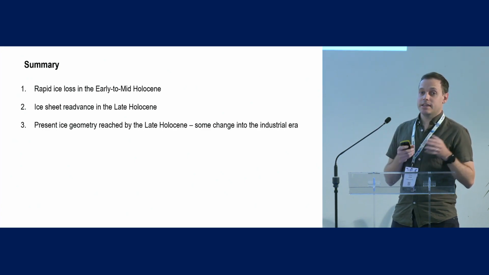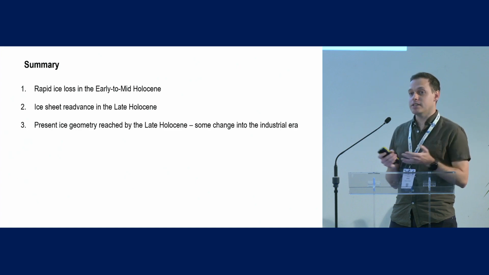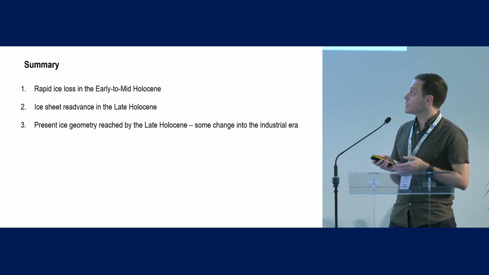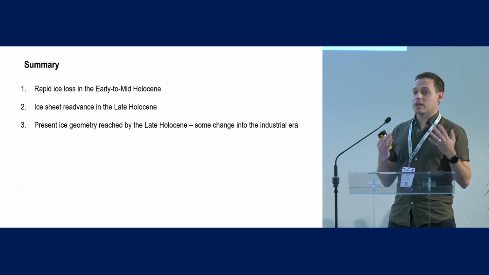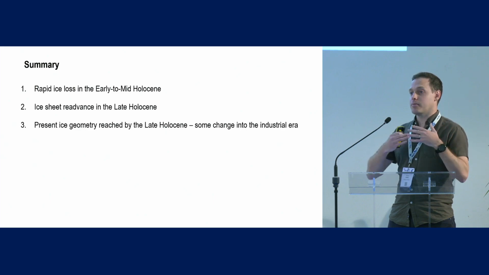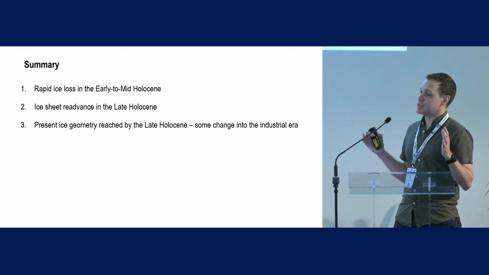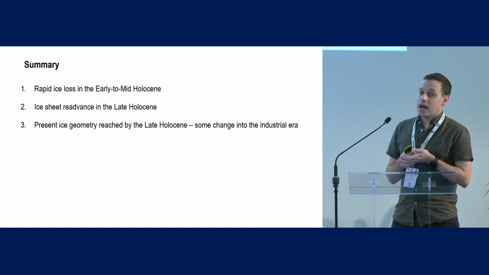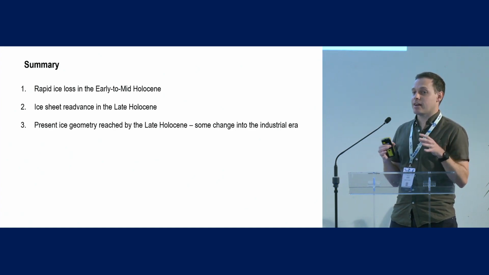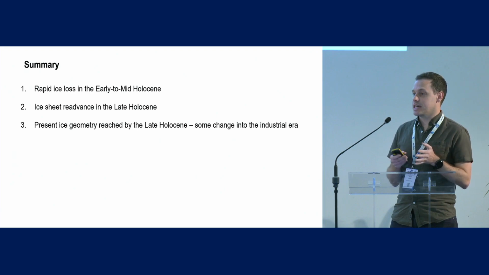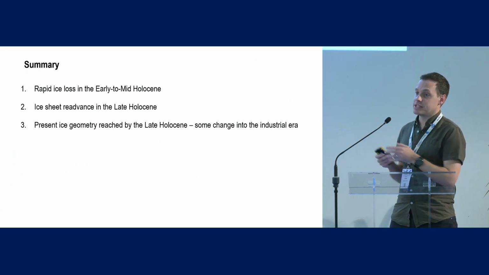We then see a period of ice sheet re-advance into the late Holocene, with some evidence in at least two sectors. The present-day ice sheet geometry was probably reached broadly by the late Holocene, but there are some patches around Antarctica where there's evidence that change continued up to and into the industrial era.